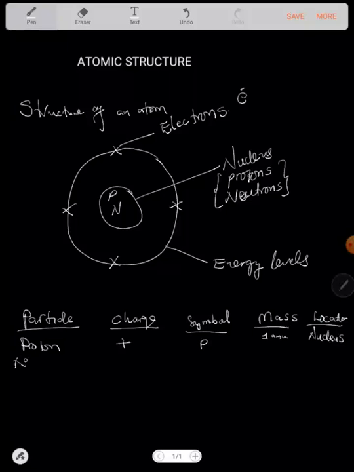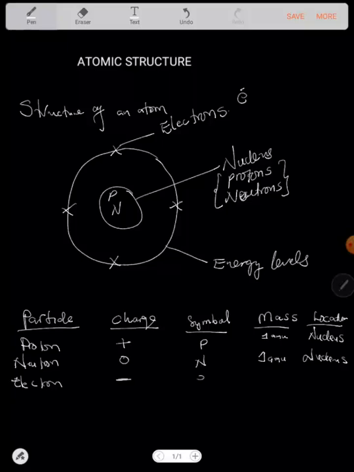Let's go to the neutron. The charge is 0, it's neutral. The symbol is N. The mass is 1 mu. The location is also the nucleus. You must know about that. Then you have the electron. The charge is negative.